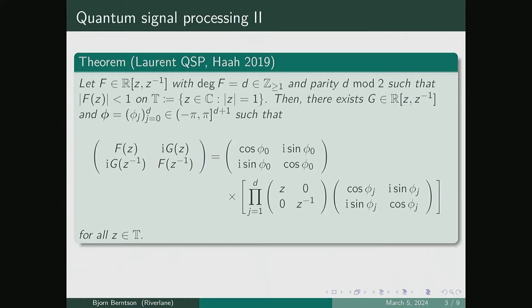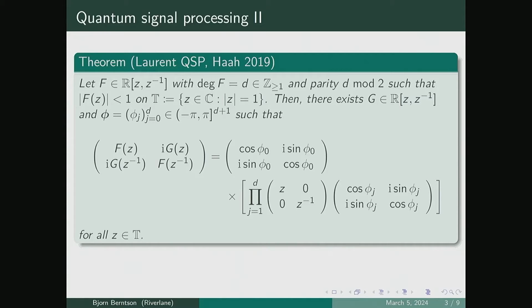Then this theorem guarantees that there exists a Laurent polynomial G, also with real coefficients. This is the complementary polynomial, and a sequence of parameters or angles phi_j called phase factors, such that this equation holds on T, which is again the unit circle in the complex plane.